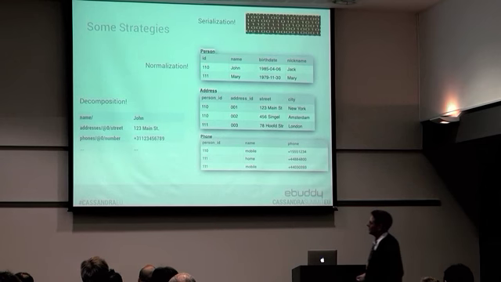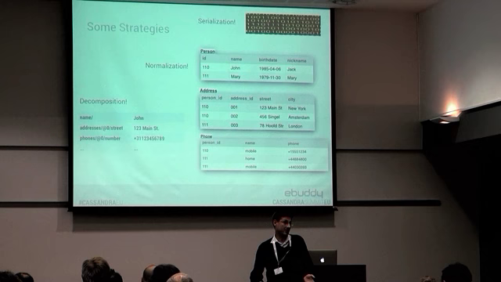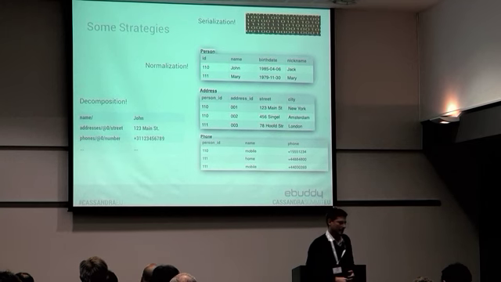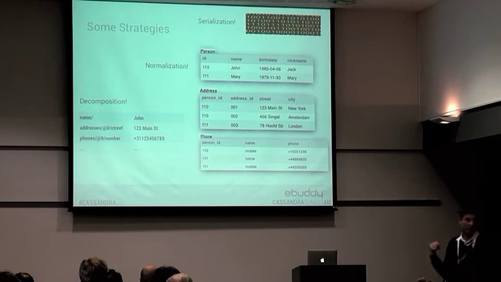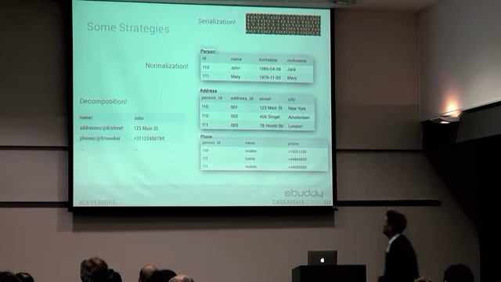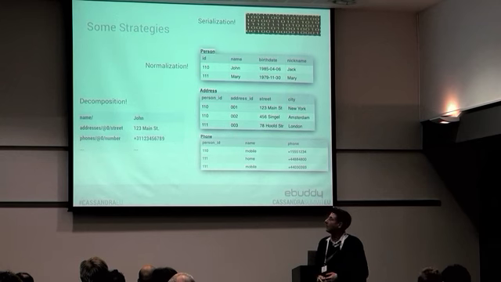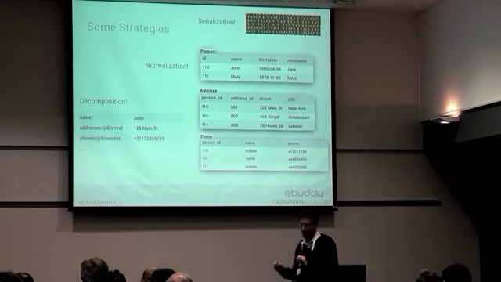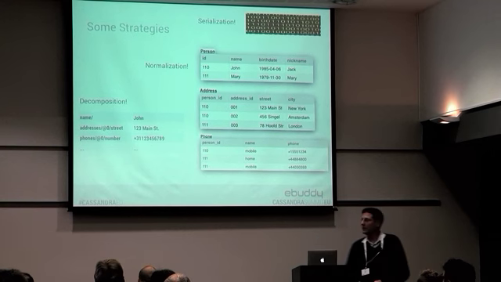Another way that you could do it is to decompose your object into paths, which is the solution that we decided to go with for this library. So it's one solution out of many, and basically you just break down your object into paths, kind of like you might do with XML and XPath, for example.